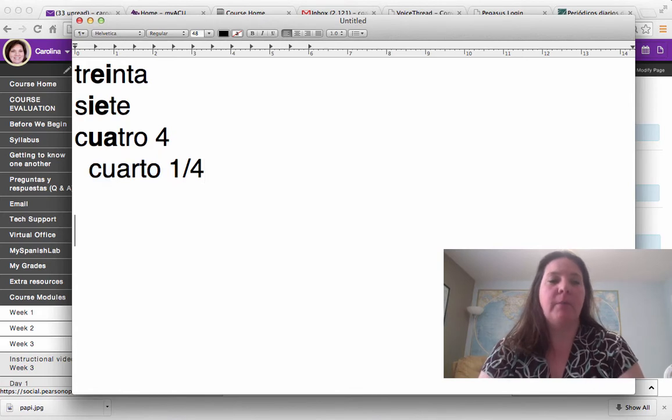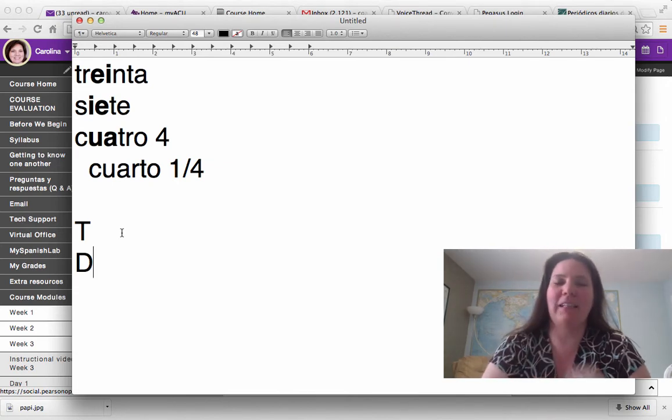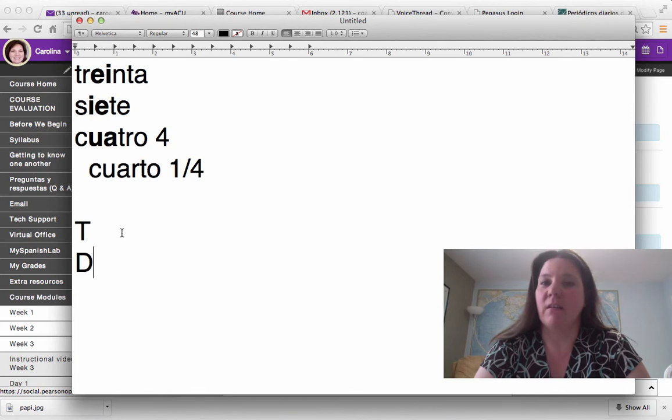Also, the sounds of the consonants, especially the T and the D. Okay, they have to be very soft. You have to put your tongue touching the back of your teeth. Especially when you say cuatro, okay?